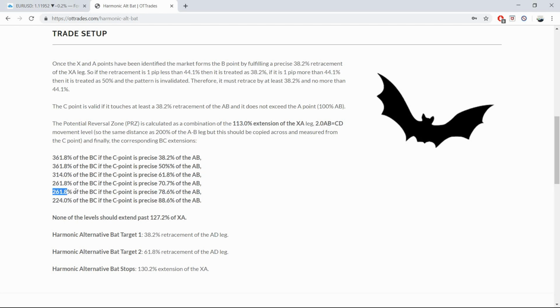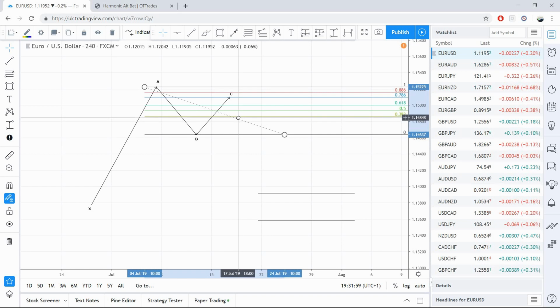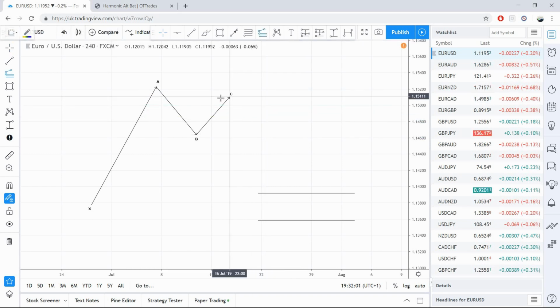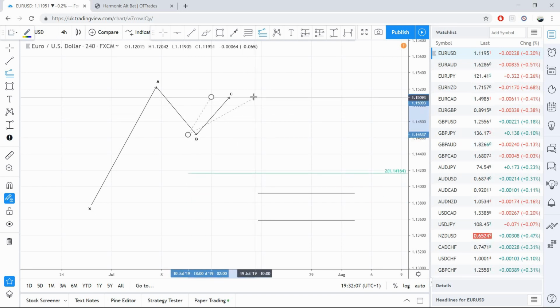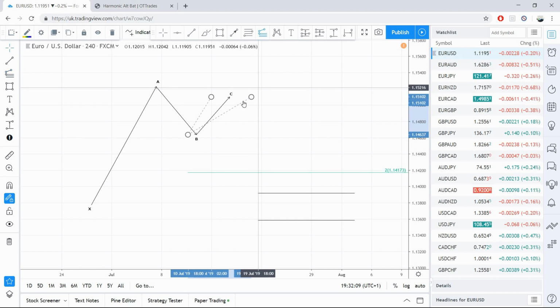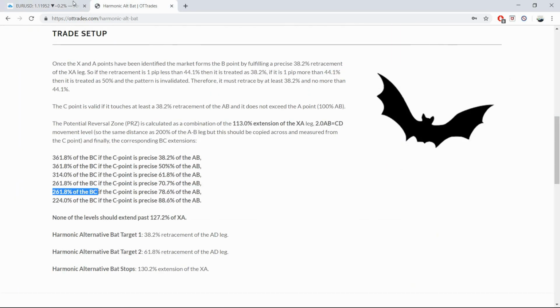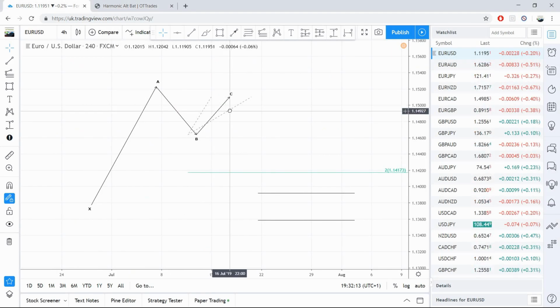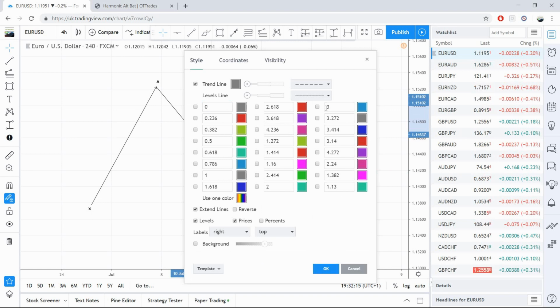So we're looking for a 2618 retracement extension of the B to C leg. So all this means is get our extension tool out and go from the B to C leg, so C down to B, back up to C. And it was a 2618, so let's remove the 200%. Have we got 2618 on here?